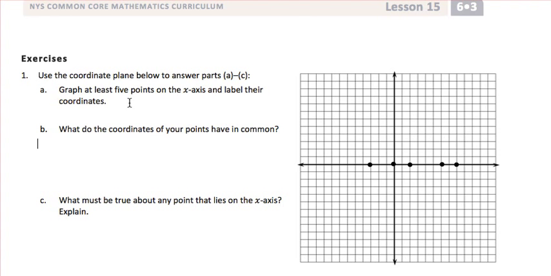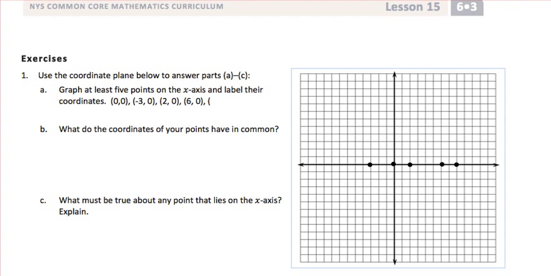And the thing they have in common is, let me just list their values up here. I have the origin, which is 0, 0. I also have a point at -3, 0. I also have a point at 2, 0. I have a point at 6, 0.